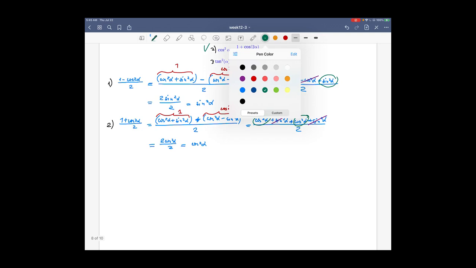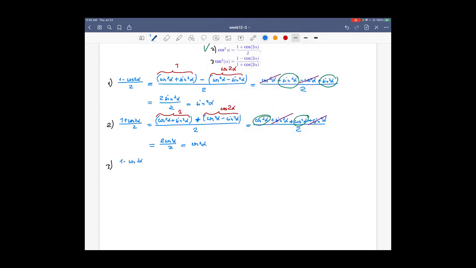For the third formula, we start with the right-hand side, 1 minus cosine of 2 alpha over 1 plus cosine of 2 alpha. Using the same two identities, we write 1 as cosine squared alpha plus sine squared alpha, and cosine 2 alpha as cosine squared alpha minus sine squared alpha.